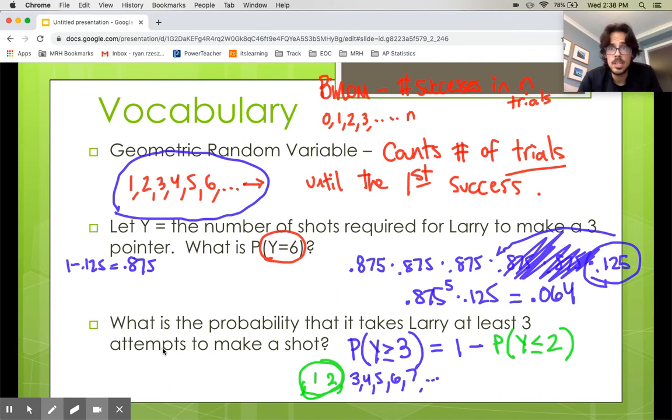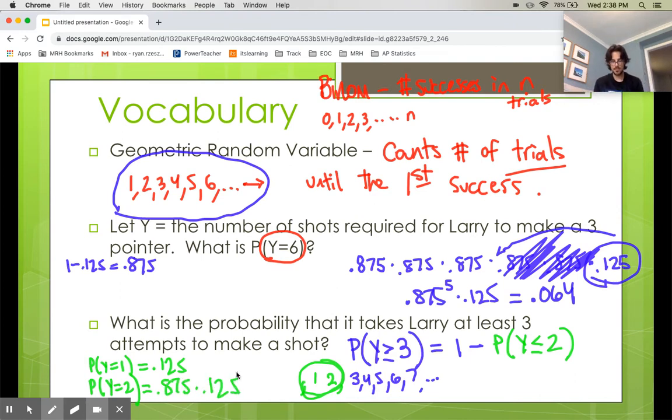What's the probability it takes him 1 shot to make his first shot? Well, it's actually just the probability of success. So the probability of 1 is quite easy. It's just 0.125. Then I think about what's the probability it takes him 2 shots. Well, he would have to miss, and then he would have to make to get 2 shots right there. And if you multiply that out, it's going to be 0.109.